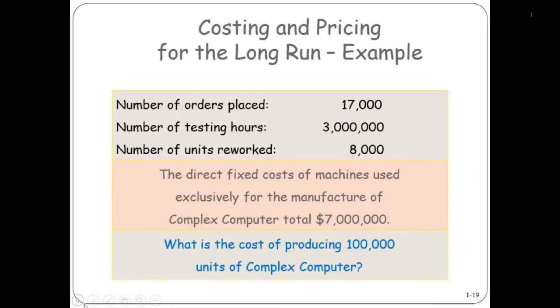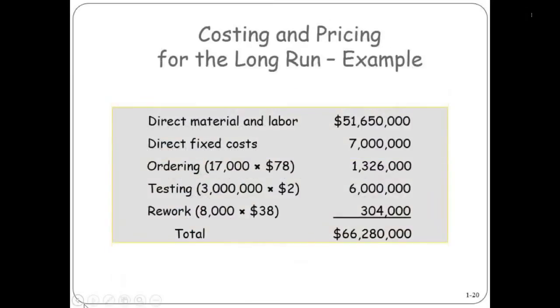So let's see what the total cost of producing the 100,000 units are. You take the direct material and labor that we first calculated for the number of units, the fixed cost, which you saw was 7 million, and then you add in your ordering costs, your testing costs, and your rework costs for those units altogether, and it costs 66 million or so to produce. How much should we charge?